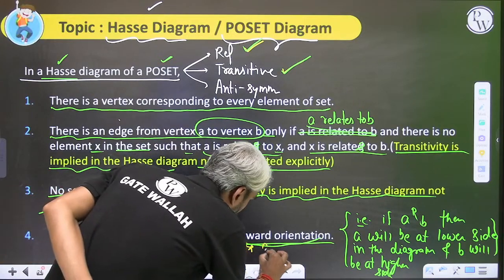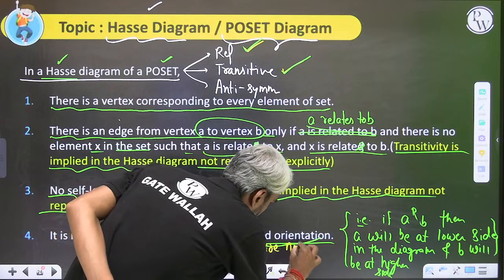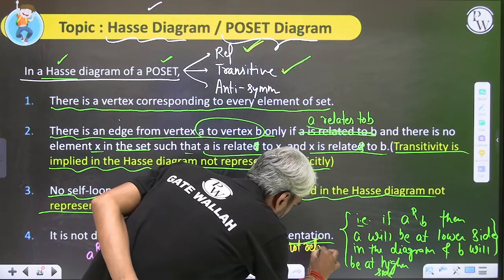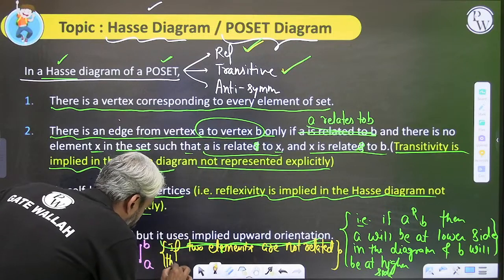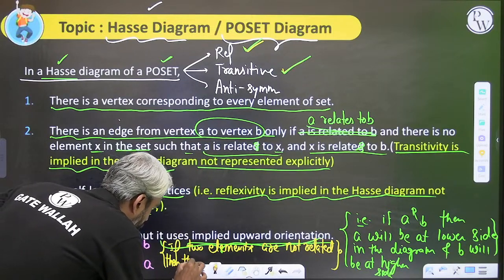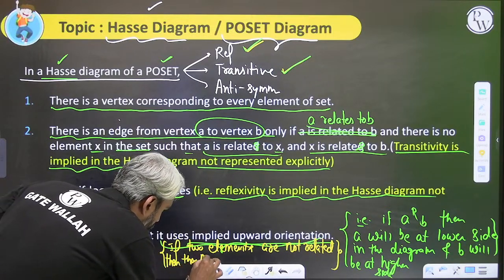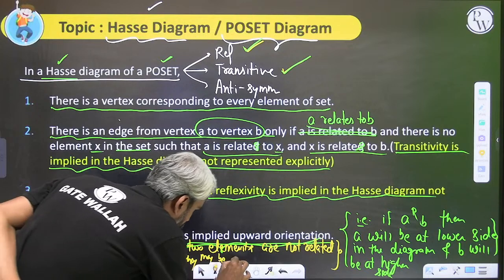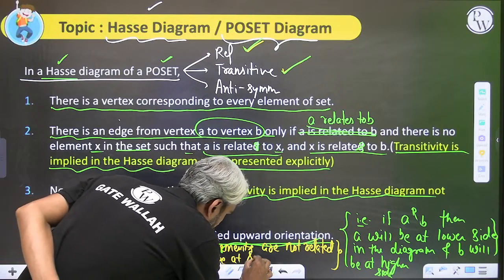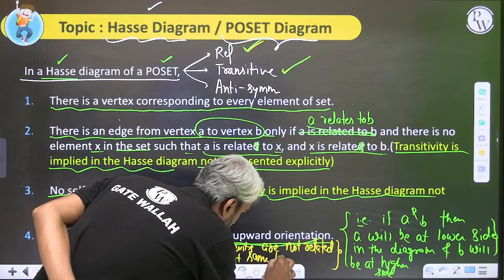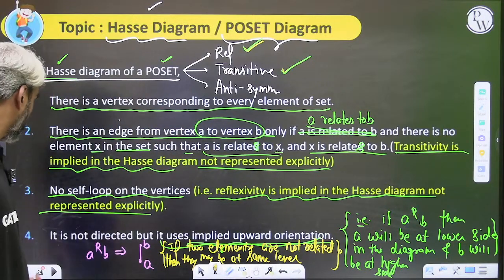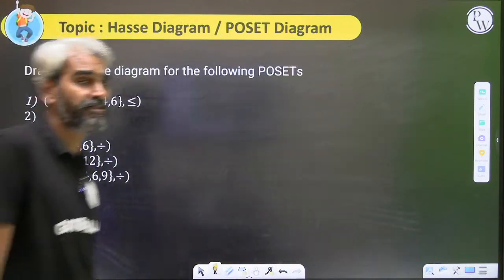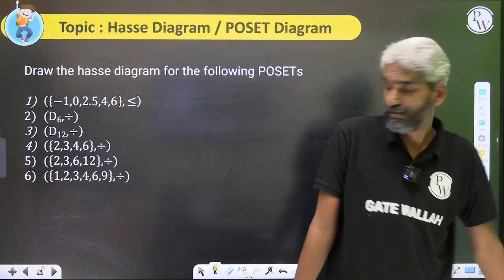Anyway, this will be very clear once I construct the Hasse diagram for all these examples.